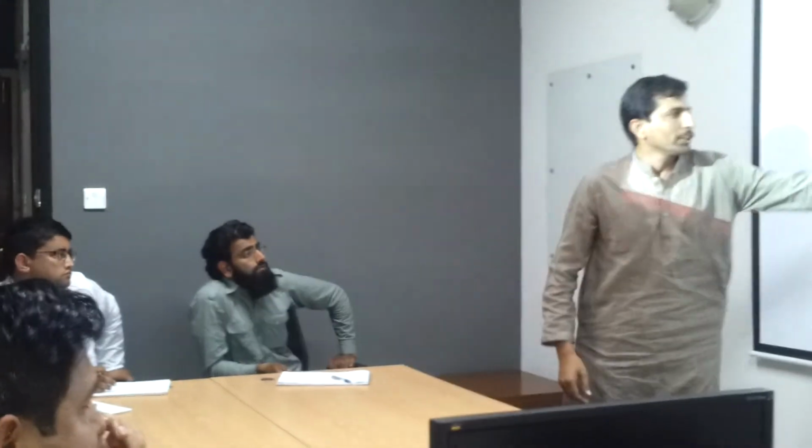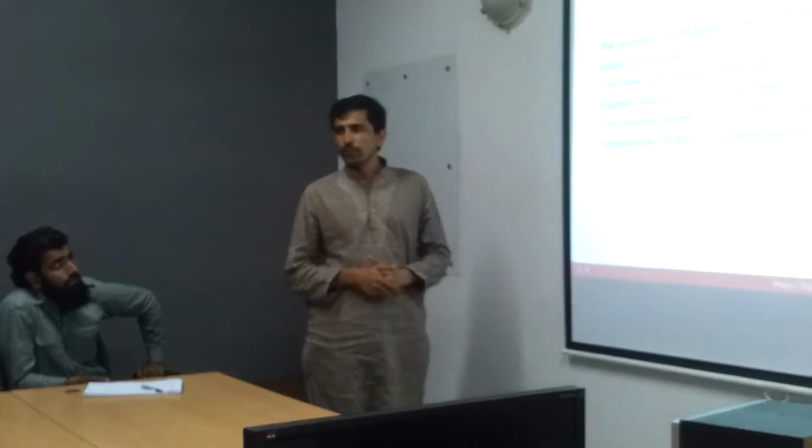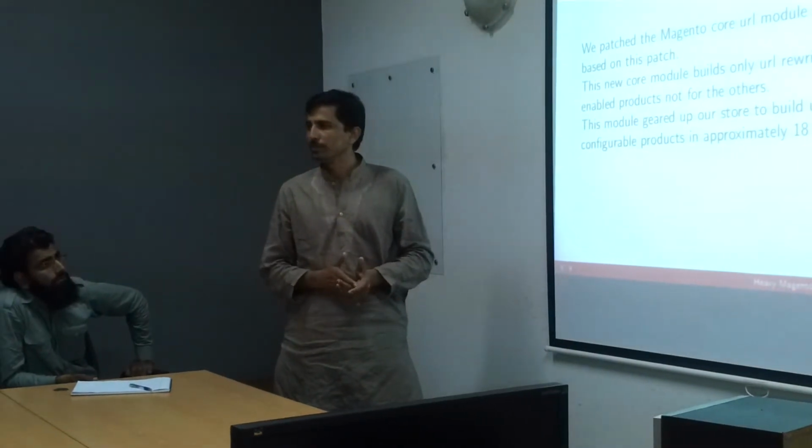So in this case, we only generate 20,000 URLs, not all 80,000. Before that it was taking 8 hours. After writing this patch and separating it into a separate module, it only took 18 to 20 minutes. We reduced the time from 8 hours to approximately 18 minutes.